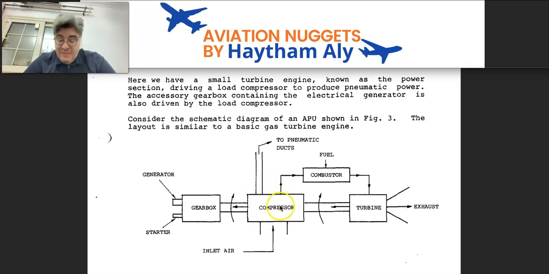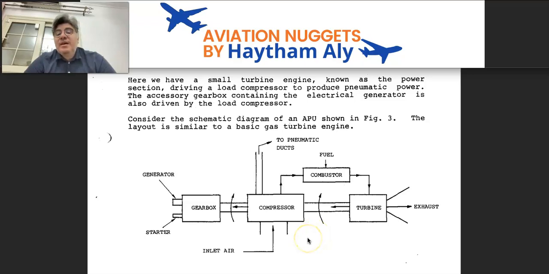But there was a problem, everybody: in that case, this APU was meant for reduced load. And having air from the compressor of the power section made a problem in the cooling or in supplying air to the turbine.